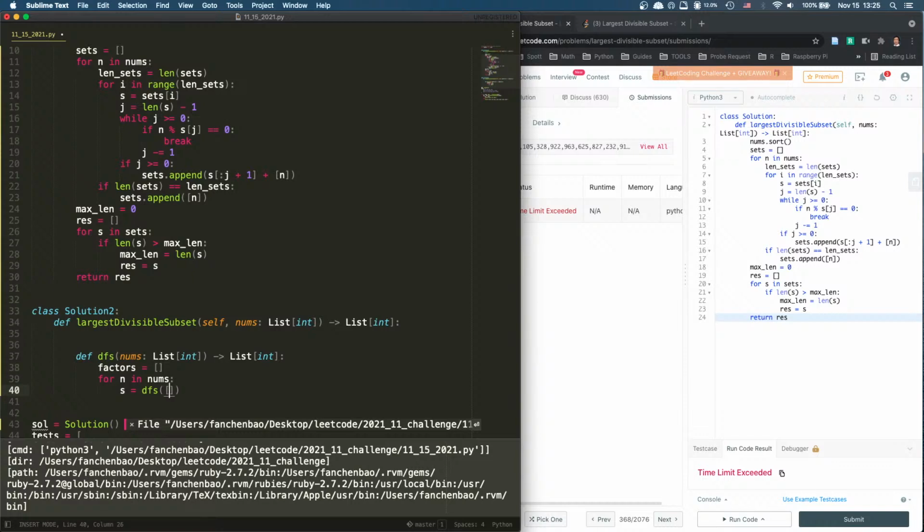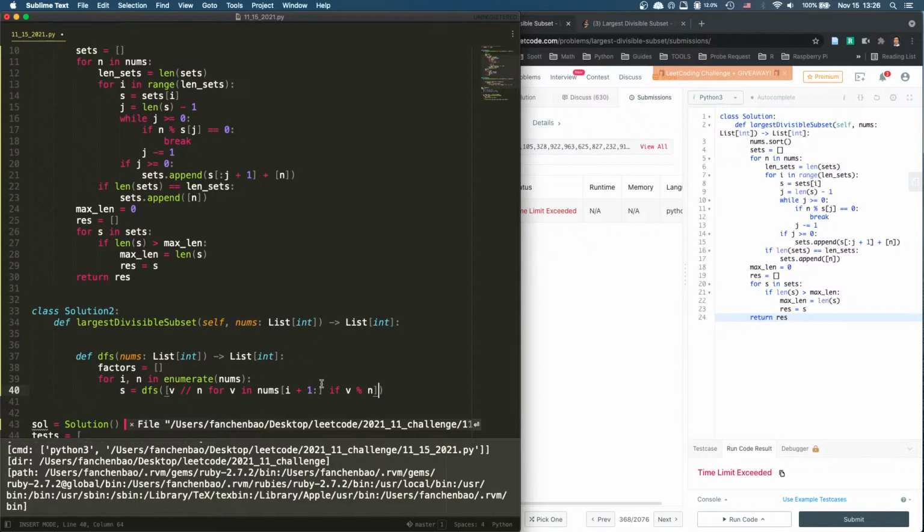So that's gonna be v divided by n for v in nums. For v in, it's not nums. Let's do i in enumerate nums. So v for v in nums[i+1:] to the end, if v is divisible by n, right?